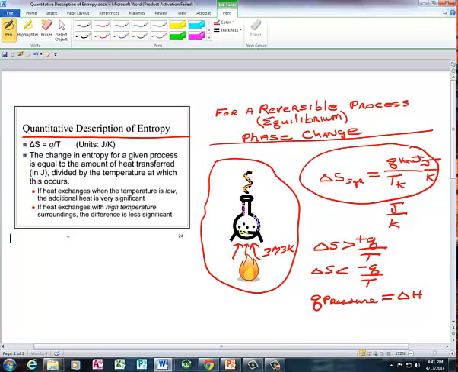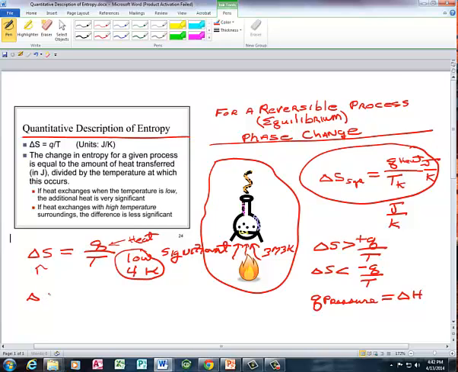There's one other thing that we want to look at with respect to our new definition. If we look at delta S as being equal to Q divided by temperature, and we're looking at the change in entropy, if this constant temperature is already very low, let's say 4 Kelvin, then any heat that we add to the system will produce a significant change in the entropy of the system.